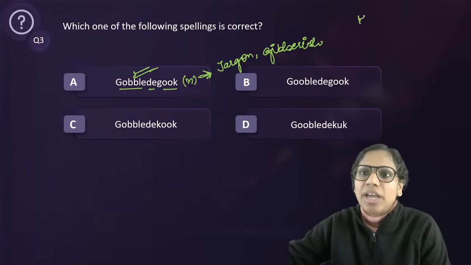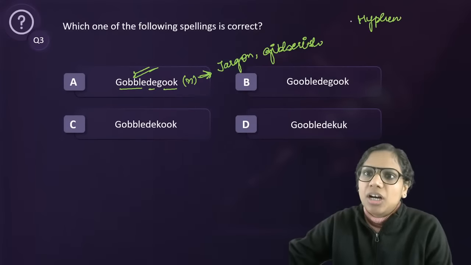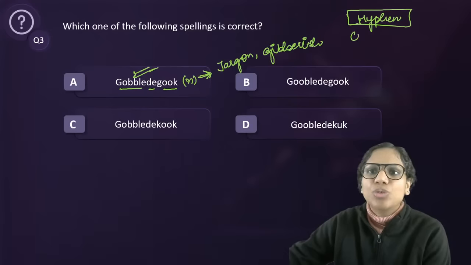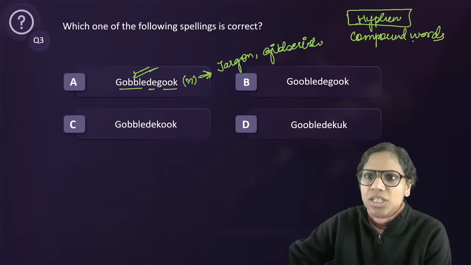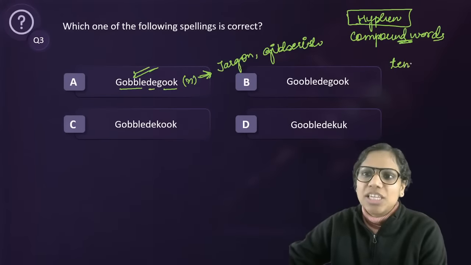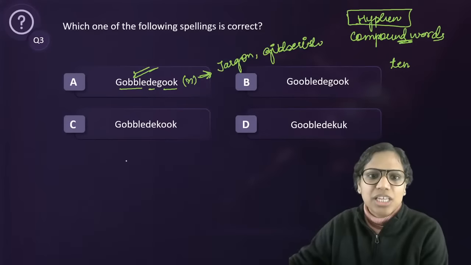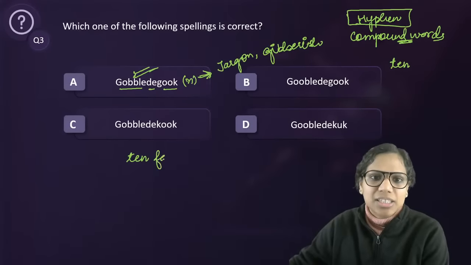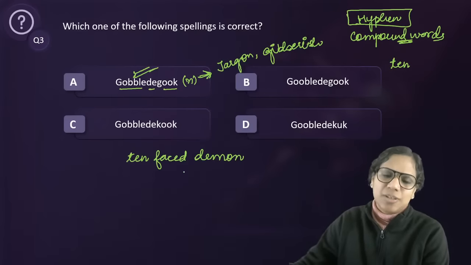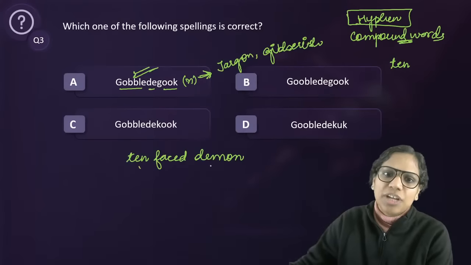Now hyphens. Why are hyphens used? The use of hyphen in English is to form compound words. For instance, if I say Ravan was a 10-faced demon. How will I write this? Will I write it like this? But in that case, it seems that 10 is also modifying demon.